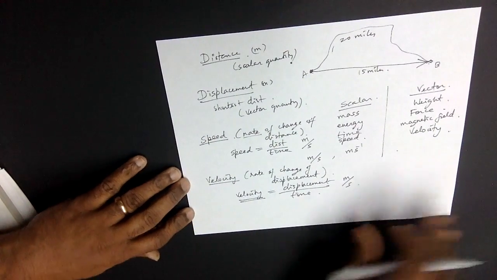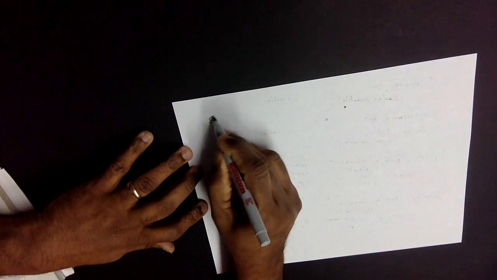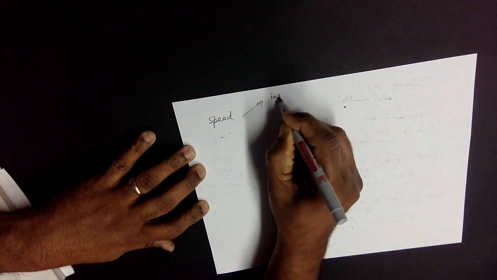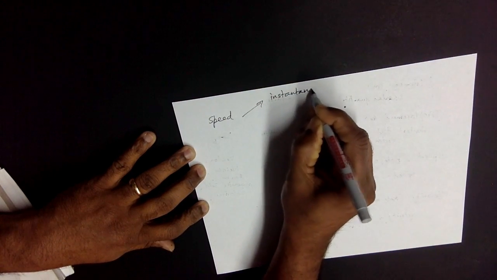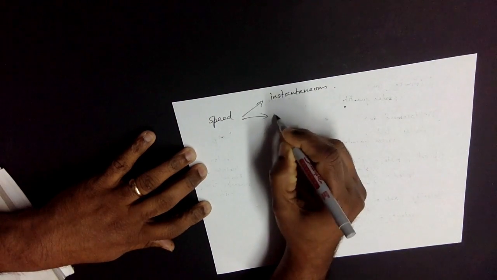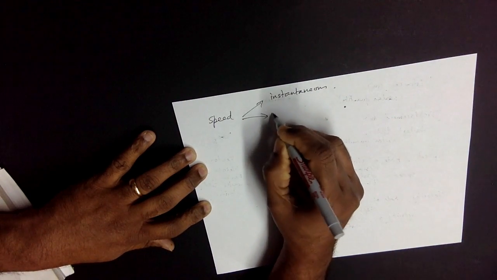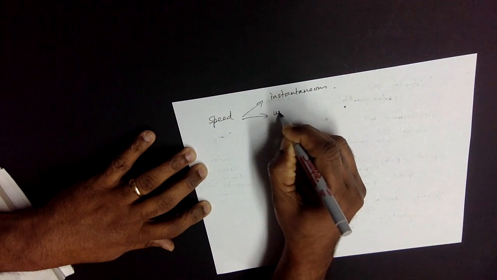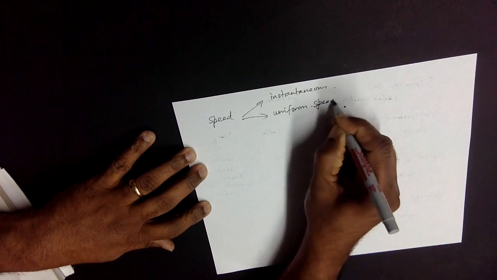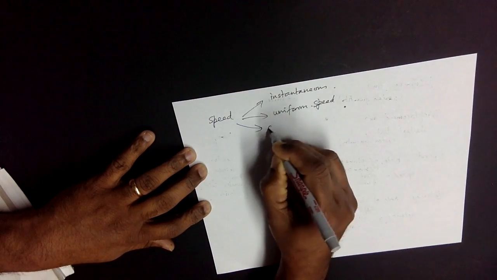Okay, so the next thing you should understand here is coming to the speed again. Speed can be instantaneous, constant or uniform, or average.